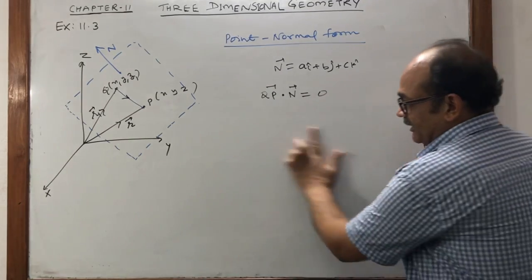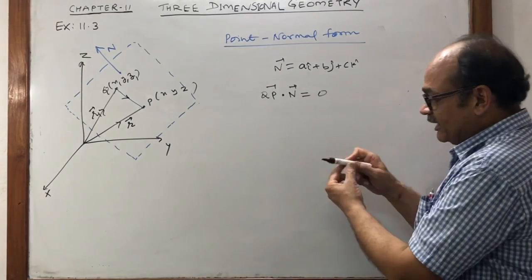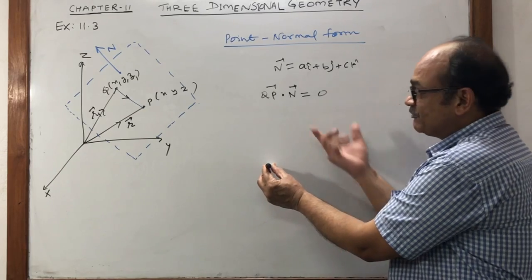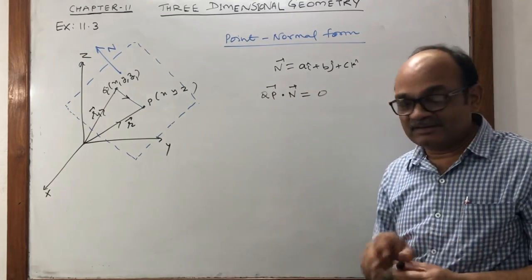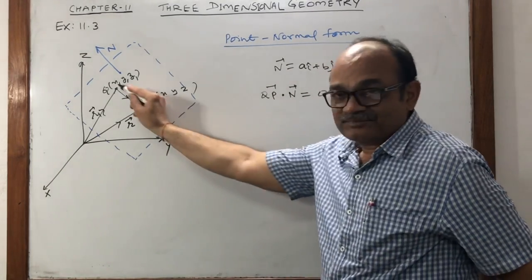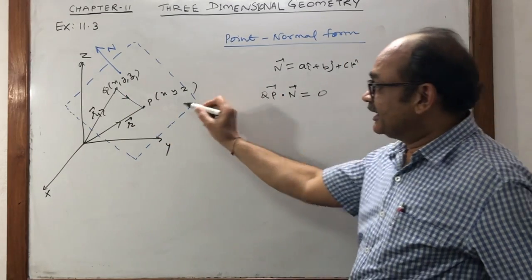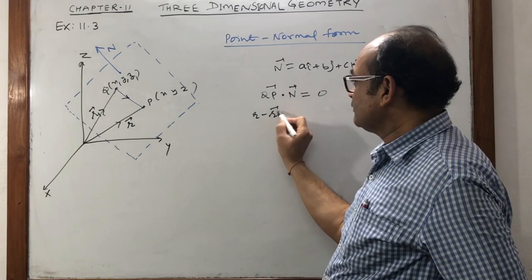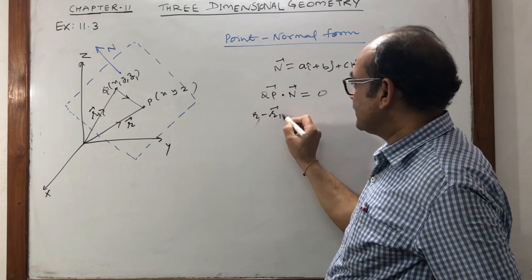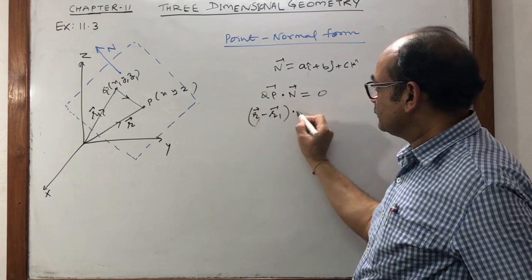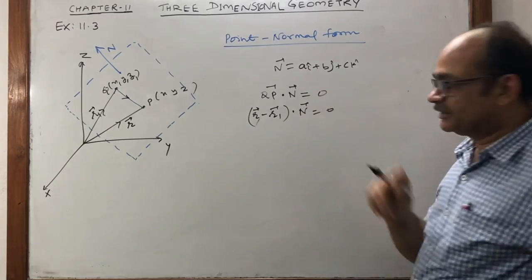For example, take any point P on this whiteboard, and its normal is here. It means very simple, QP is perpendicular to the normal. And what is QP? Position vector of P minus position vector of Q, that is r minus r1, dot n equals 0.